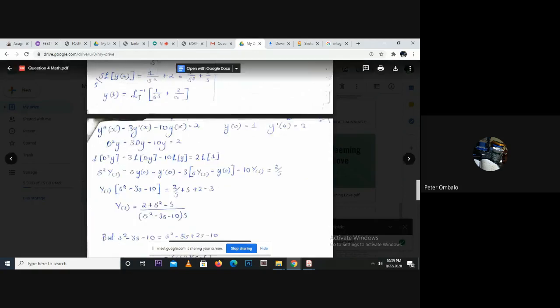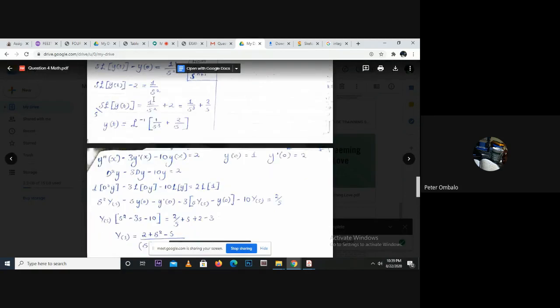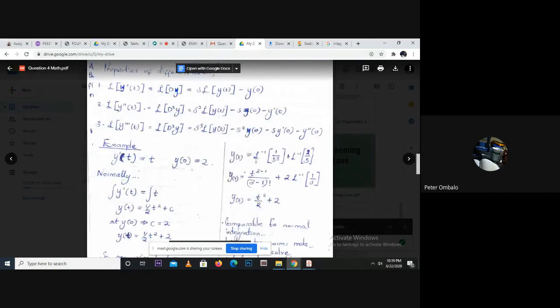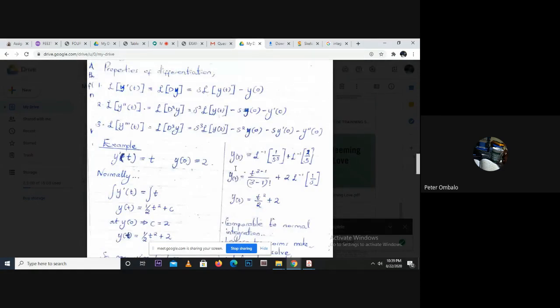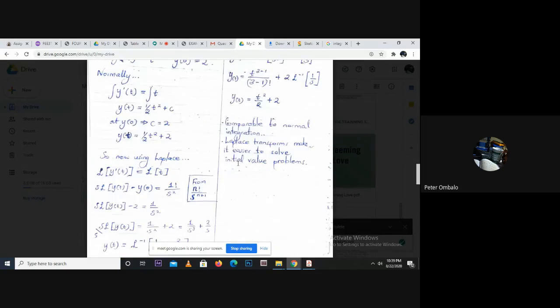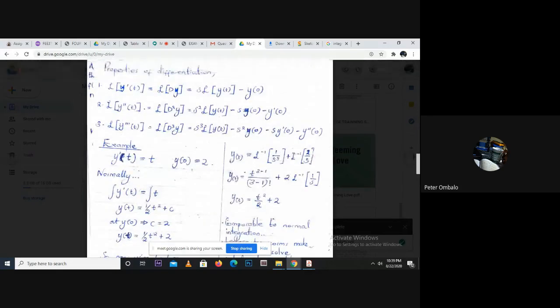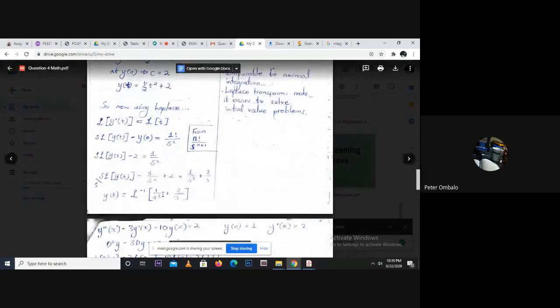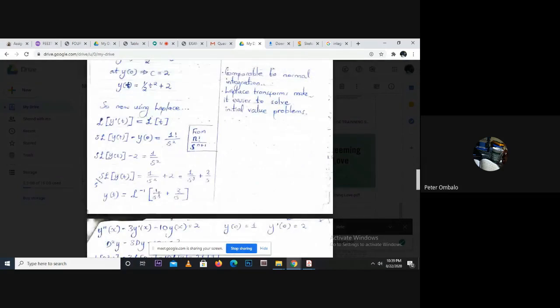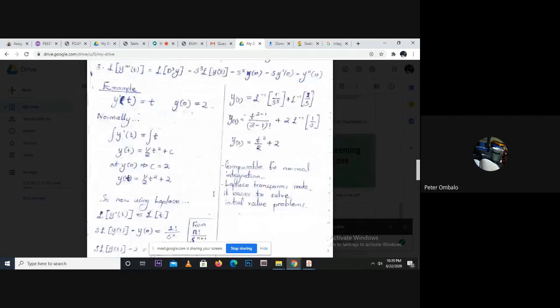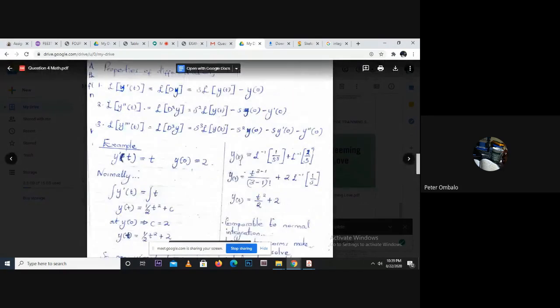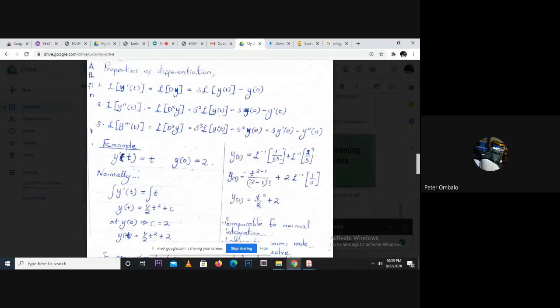The Laplace transform is an integral, so we can use the property of an integral of separating the two fractions and taking the Laplace inverse of both of them independently. So y of t becomes the Laplace inverse of this plus the Laplace inverse of this.